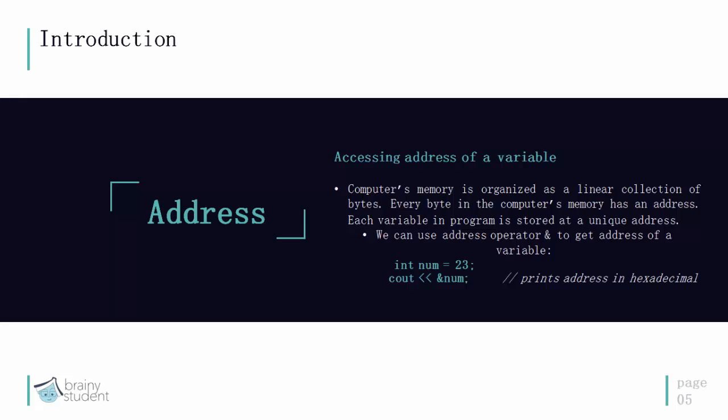Now let's start with addresses. We all know that the memory of our computer can be imagined as a succession of memory cells, and the minimal size the computer manages is 1 byte, right?